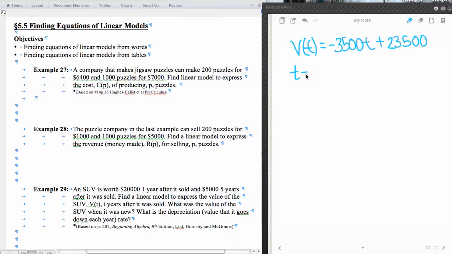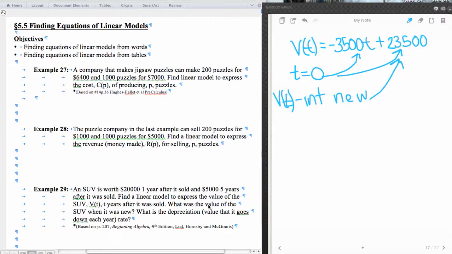So t going in here is going to give us our intercept. The v of t-intercept is when it's brand new, and so that's our new price. And that is going to be $23,500.